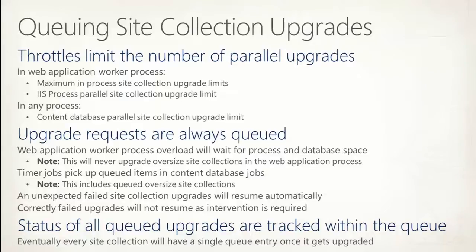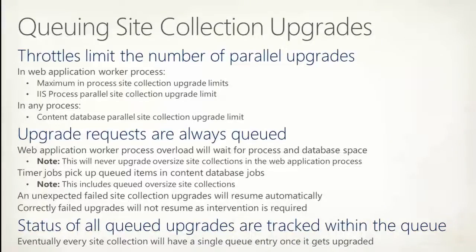But what happens is, when you upgrade any site collection, in order to take advantage of these throttles, we add it to a queue. And this queue is in each content database, and it basically says, this site collection has been requested to do a particular type of upgrade, whether it be a build-to-build, or whether it be a version-to-version upgrade.